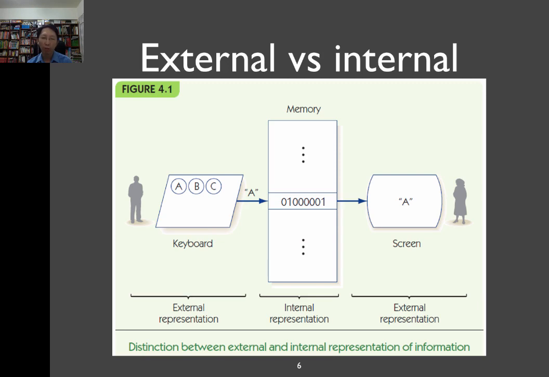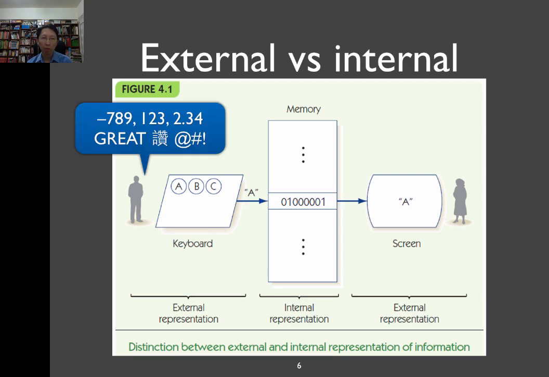First, let's see how we do the interaction with computer. Human beings use numbers, decimal numbers, with sign or with decimal points, or use words, English words, alphabets, Chinese words, and so on, using keyboard to communicate with the computer.